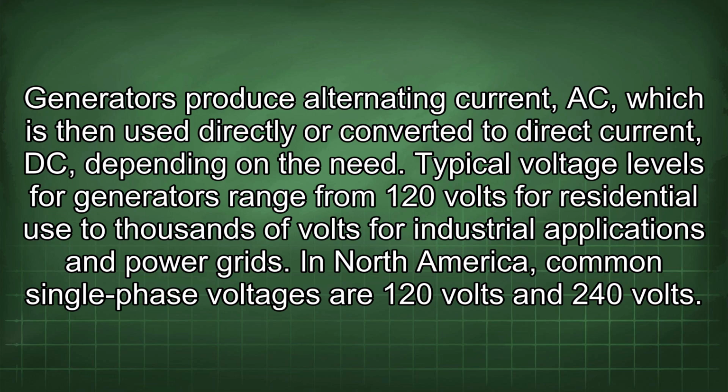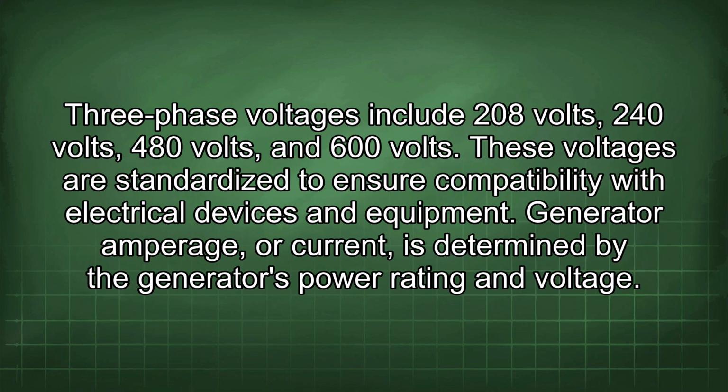In North America, common single-phase voltages are 120 volts and 240 volts. Three-phase voltages include 208 volts, 240 volts, 480 volts, and 600 volts. These voltages are standardized to ensure compatibility with electrical devices and equipment.